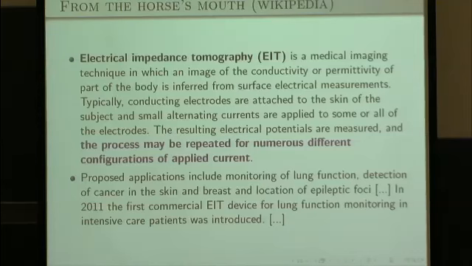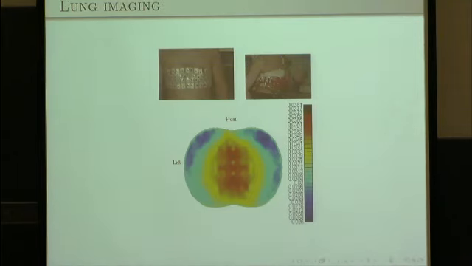But the point is that you have a bunch of electrodes, for example in this picture, also from the Wikipedia web page. This is from a lab, I think, near Oxford.